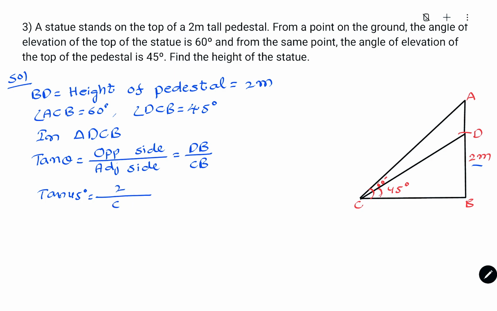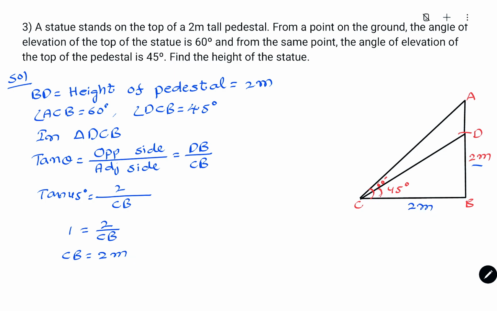We need to find CB. Write CB. Here the tan 45 value is 1. 2 by CB. Now transpose CB from RHS to LHS. Then 1 into CB. CB is equal to 2 meters. Here CB value is 2 meters.